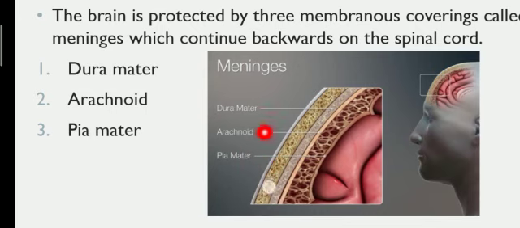Then arachnoid. Arachnoid is a web-like structure, a cushion, which is the delicate middle layer. And comes pia mater. Pia mater is the innermost highly vascular membrane which is richly supplied with blood vessels. So these are the three membranes of meninges that protect the delicate brain.